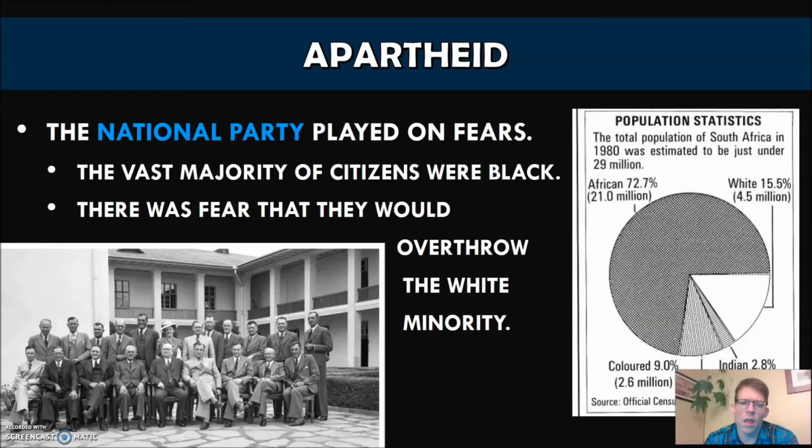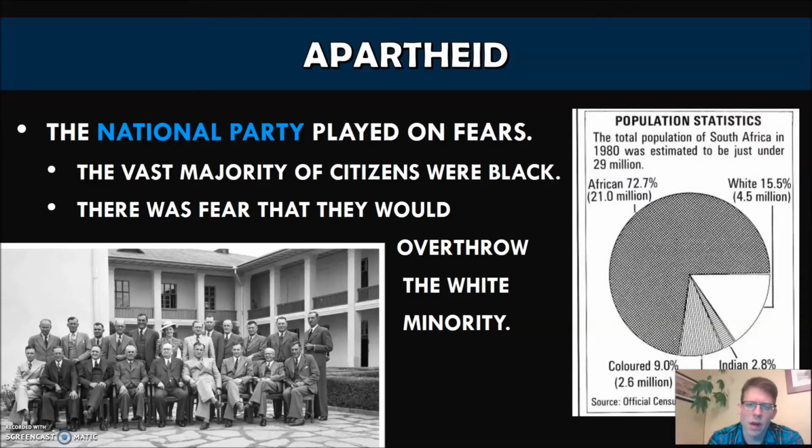It's kind of unusual to think about because the vast majority of citizens in South Africa were black. If you look at my chart up here, you see in South Africa, almost 73% of people were black and 15.5% were white.